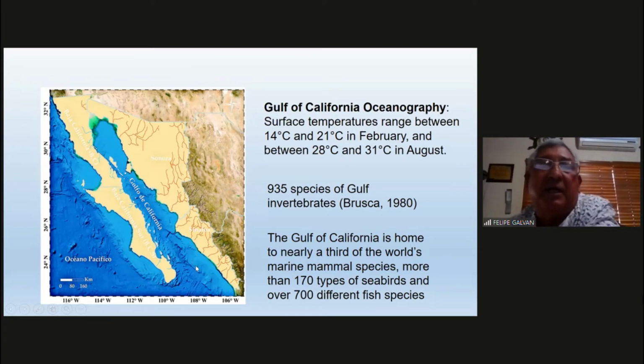But the problem is that sometimes humans, with fisheries, affect this ecosystem. In the year 2000, there were no more sharks in the area for almost 10 years. We don't know exactly what happened.